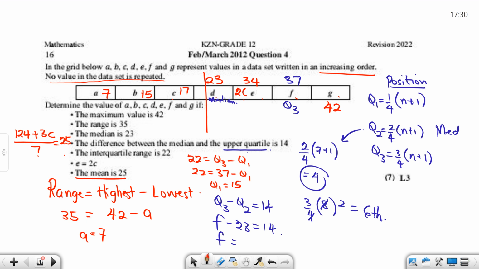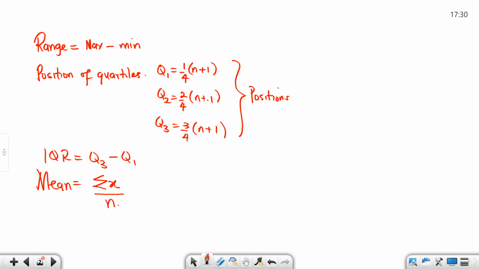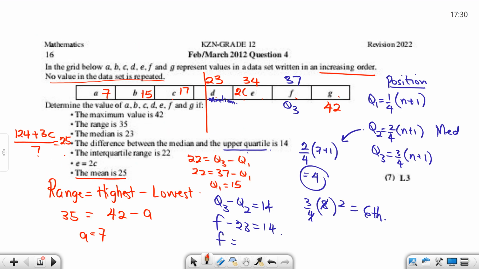Follow the position. It will help you. We did all of the positions, Q1, Q2, and Q3. Your Q1 is that, your Q2 is that, and your Q3 is that. If you check Q3, we got 37.